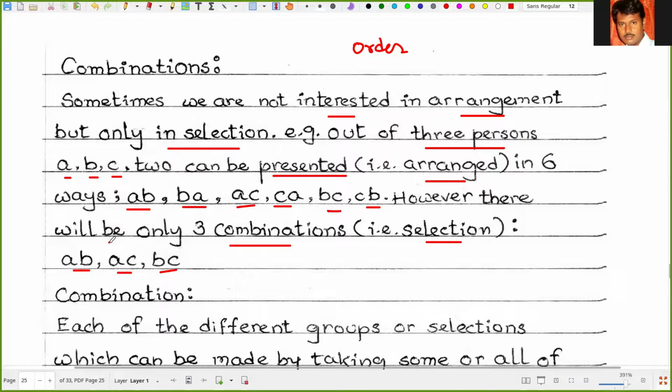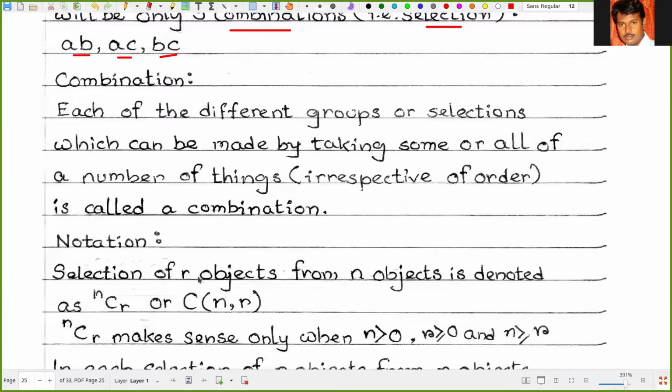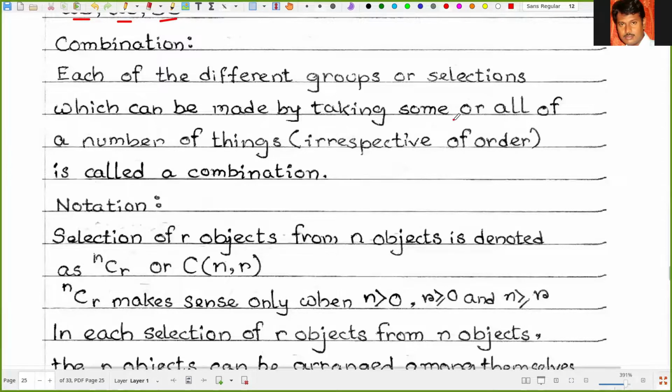AB and BA are treated as the same, AC and CA are treated as the same, and BC and CB are treated as the same. So, each of the different groups or selections which can be made by taking some or all of a number of things, irrespective of order, is called a combination.